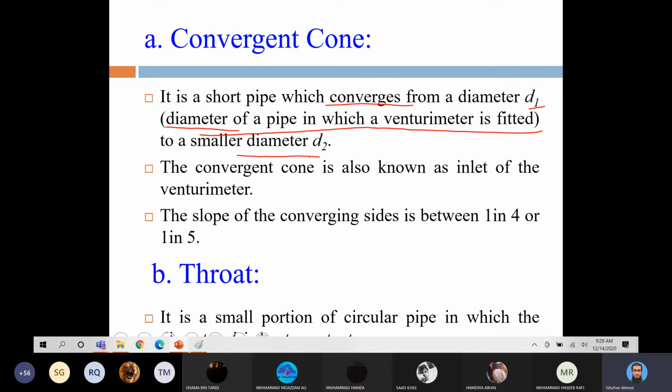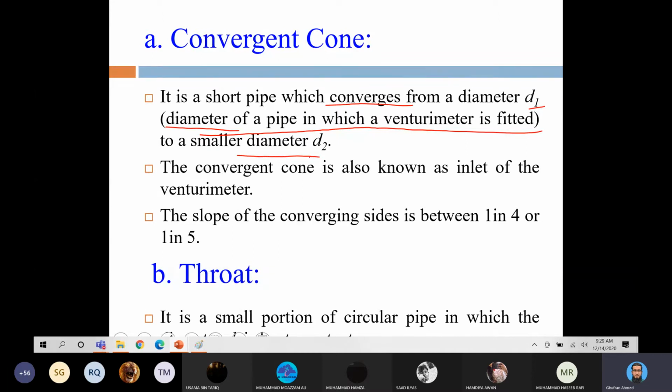The convergent cone is also known as the inlet of the Venturi meter. The slope of the convergent sides is between 1 in 4 or 1 in 5. So this is about the convergent cone.